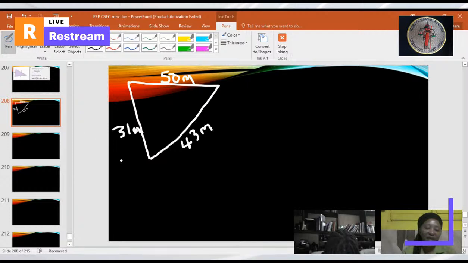All right, so how would we find the area of that triangle? So, miss, we would add the sides to get the perimeter.